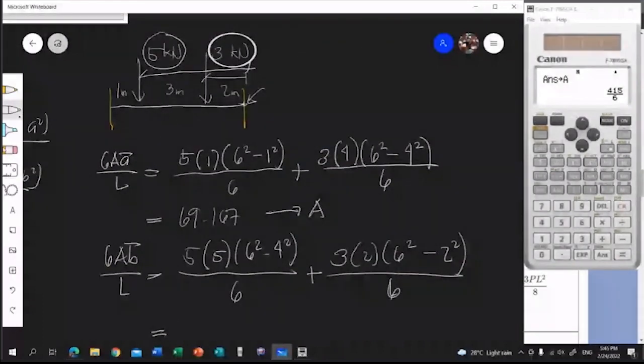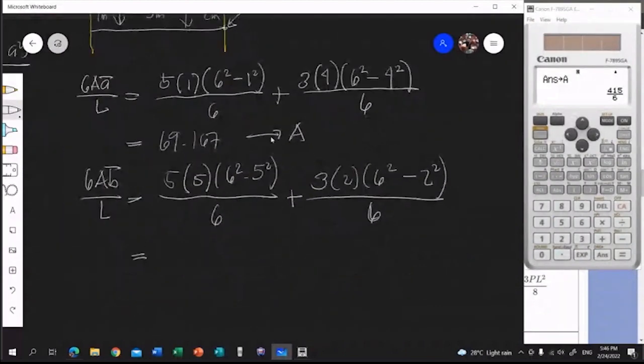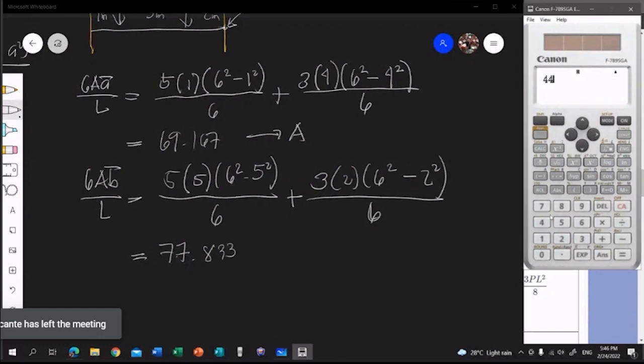The result is 77.833. In fraction form, 467 over 6.